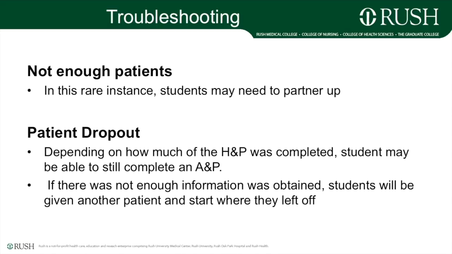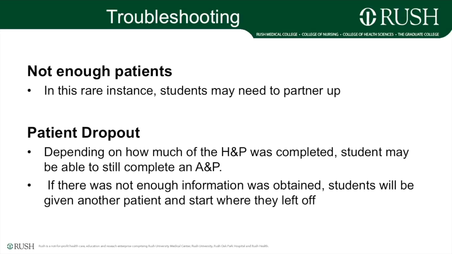Now let's discuss some problems that may occur during your BCS sessions and how to troubleshoot these. Not enough patients. In the rare instance that there are not enough patients, students may be asked to partner up. Patient dropout. There are many reasons why encounters end. A patient may ask to terminate the session.